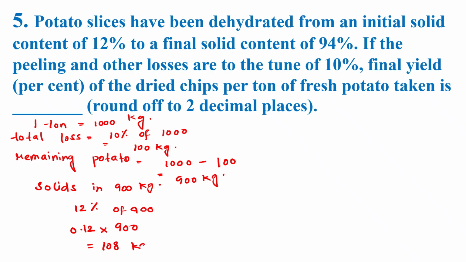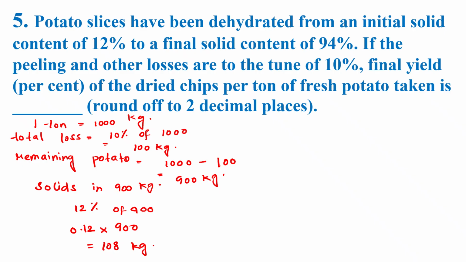Now these solids are conserved, means only water is removed during the drying. Now we have to determine the final mass of the dried chips, and they have given us final product is 94% solid. So remaining is 6%, which is my moisture.